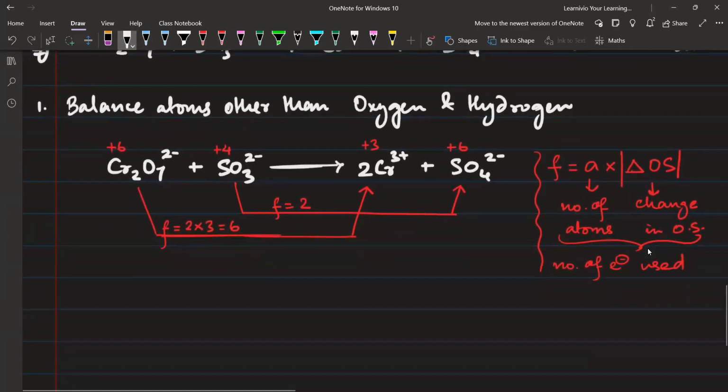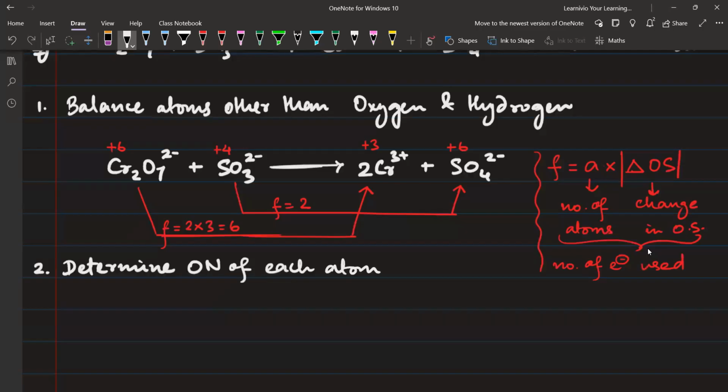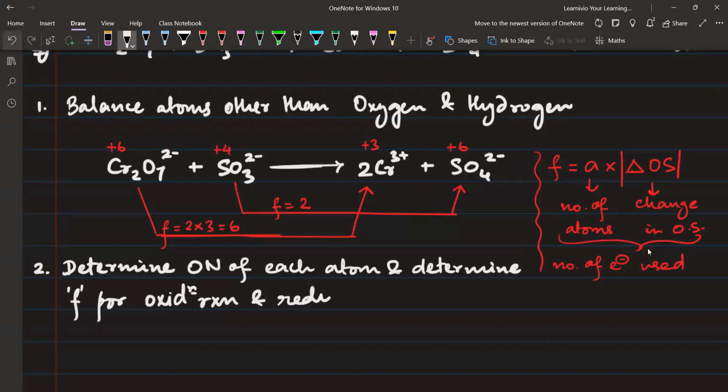The second step is determine the oxidation number of each atom and determine F for oxidation reaction and reduction reaction.